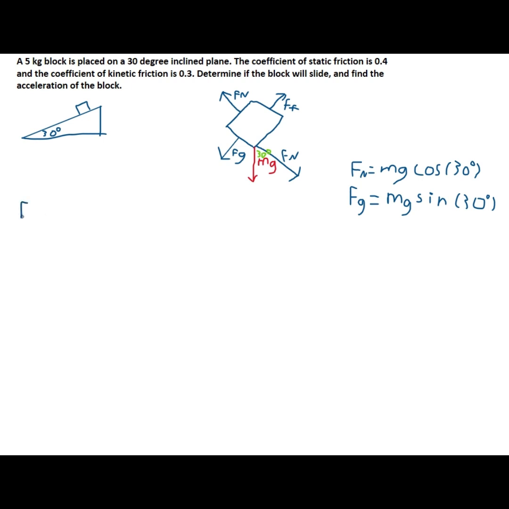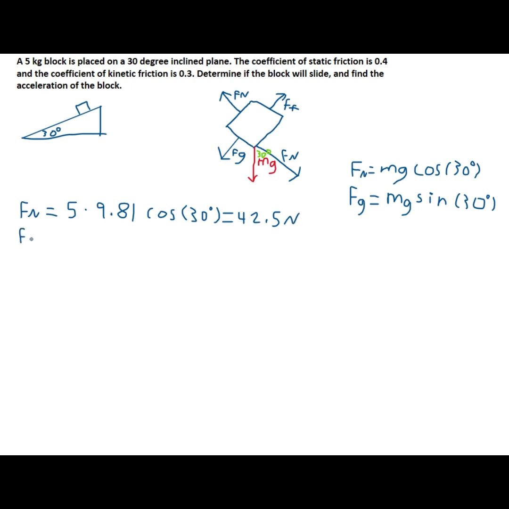Now let's calculate these values. So the normal force is equal to 5 kilograms times 9.81 times cosine of 30 degrees. And this is equal to 42.5 newtons, rounded up.